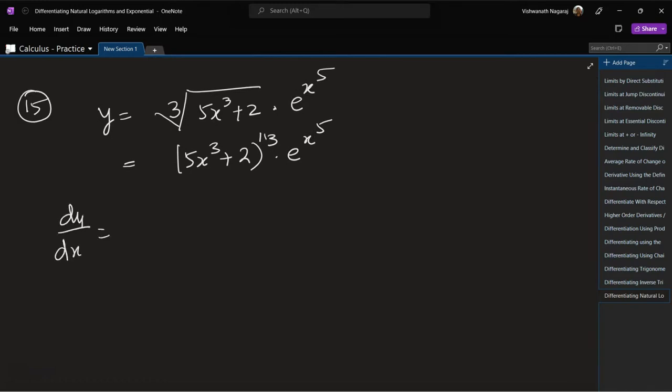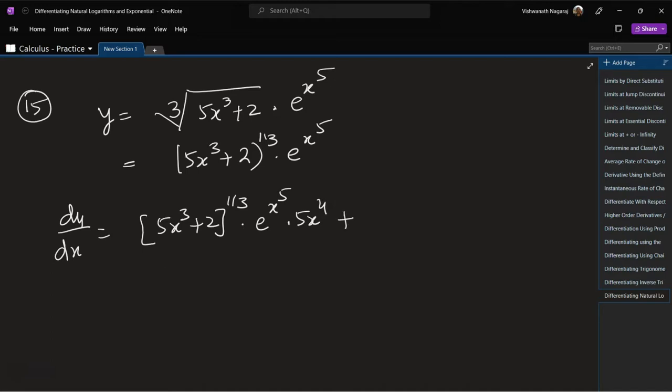dy by dx is equal to first term as it is, so 5x cube plus 2 to the power of 1 by 3 times e to the power of x to the power of 5 times 5x to the 4 plus.